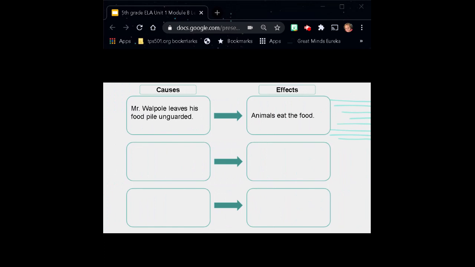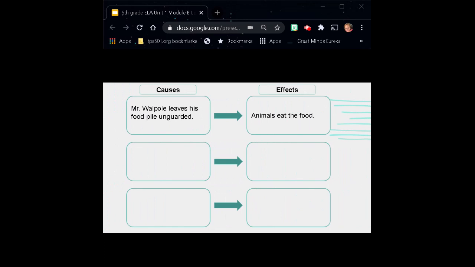So, what I'm going to ask you to do is you may either go back and reuse the video and pause and start, or you may use the slideshow. You may also go on to ReadyGen and use the text from ReadyGen. Don't forget, you'll be going through your Clever portal to get to ReadyGen.